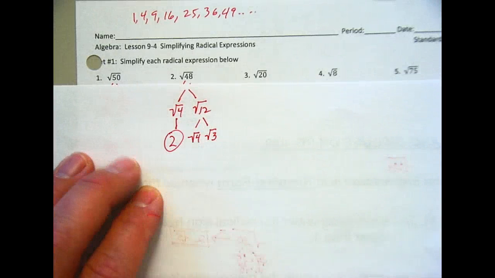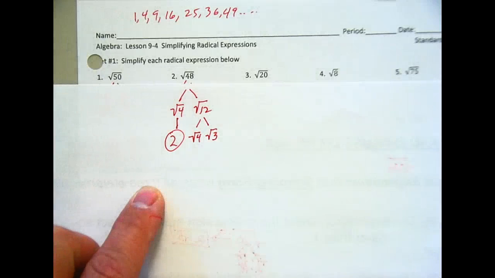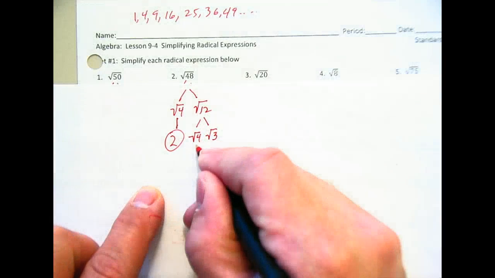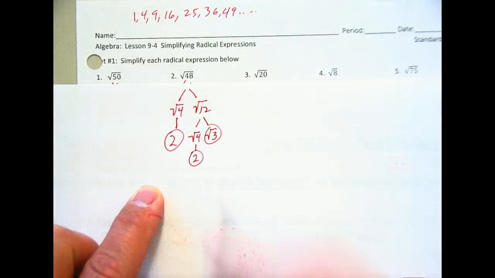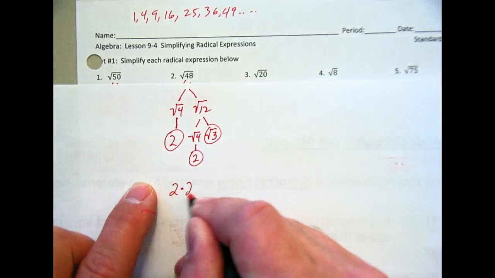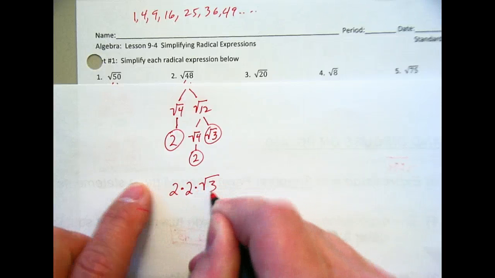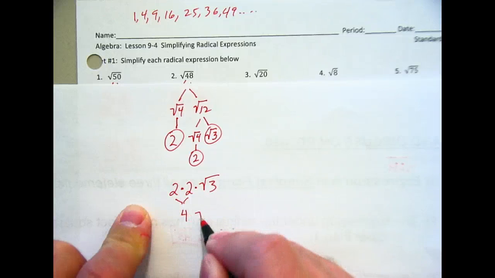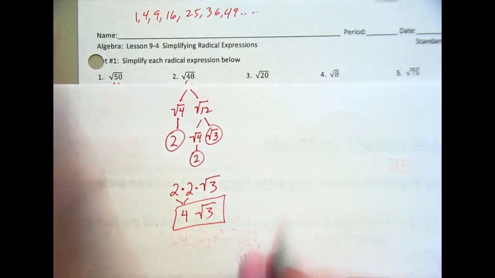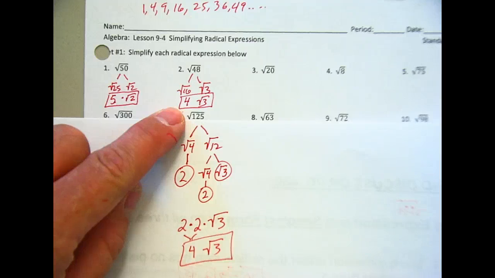I'm now done with it, so I'm going to circle it. This part is 2, so I'm done with that. And then root 3 I can't simplify. Those are my pieces. I have 2 times root 3. Well, 2 times 2 is 4. So that's 4 root 3, which is the same answer we got right there.